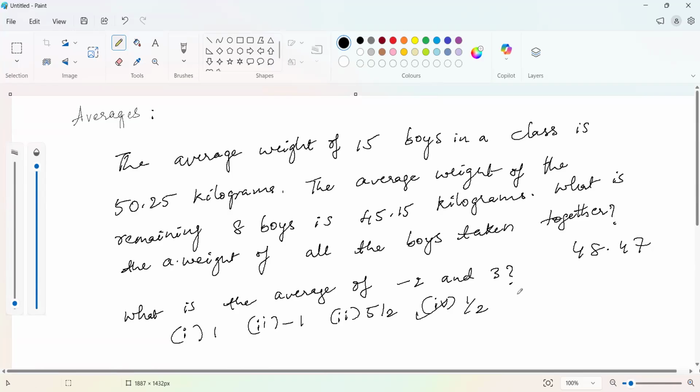You add 3 and minus 2, it will be 1. You have only two values, so it is 1 by 2. Yes, option D, correct.